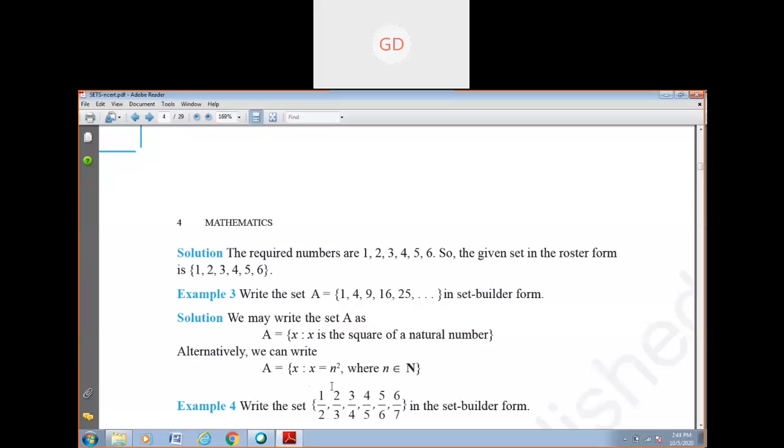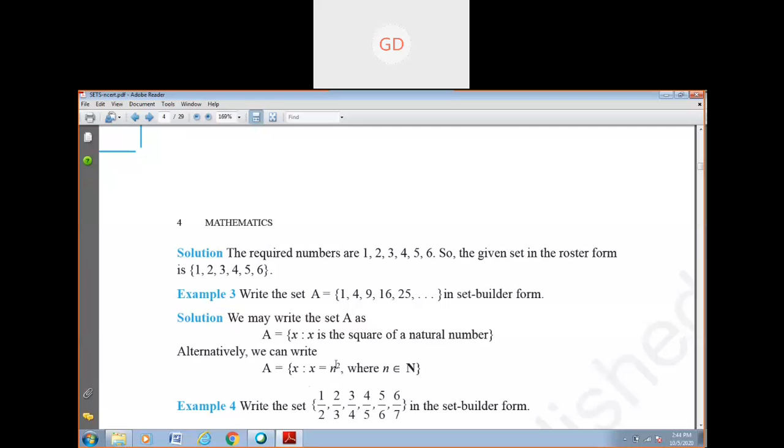So if we express the elements with the help of another algebraic letter or variable or any other parameter, full information about that new variable or parameter must be there. So if we write x is equal to n square, about n must be there, otherwise the definition will not be complete. So n belongs to N, that means n is natural. Now the definition is complete here.